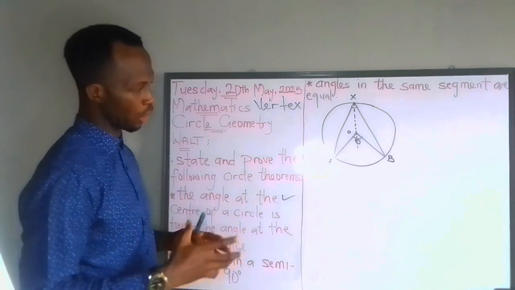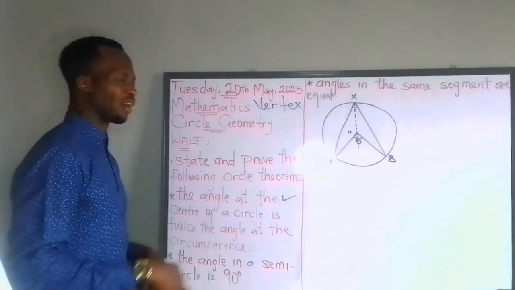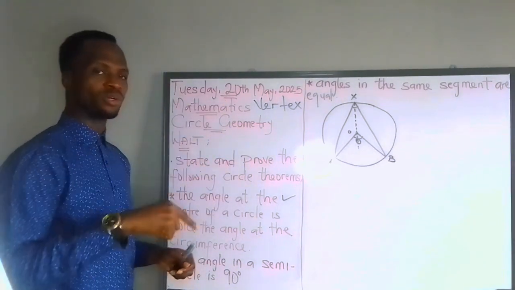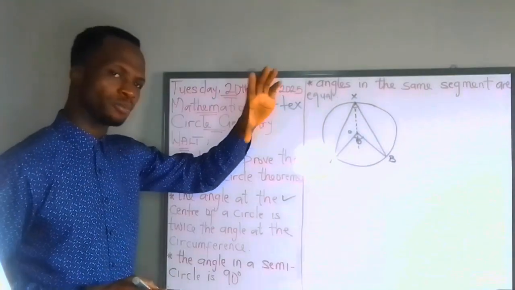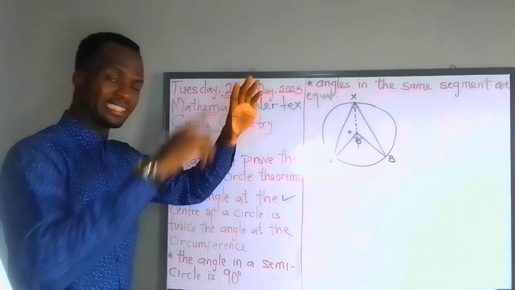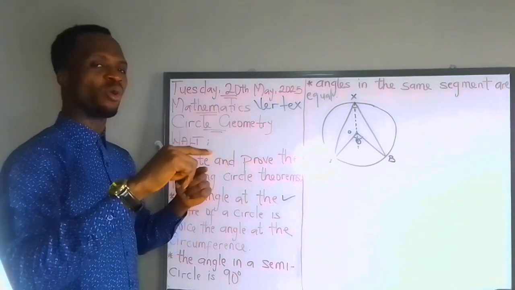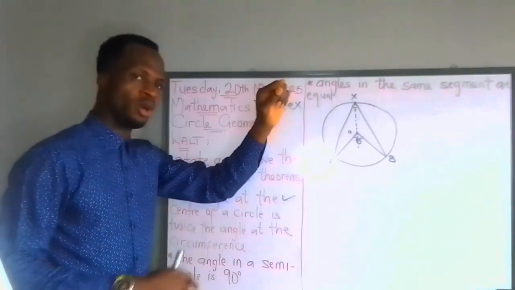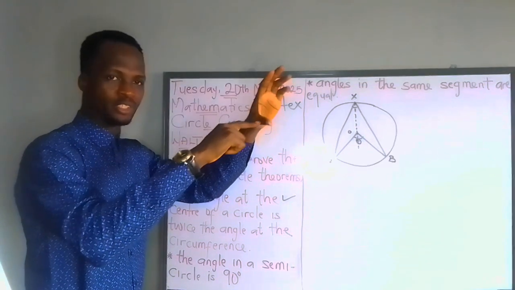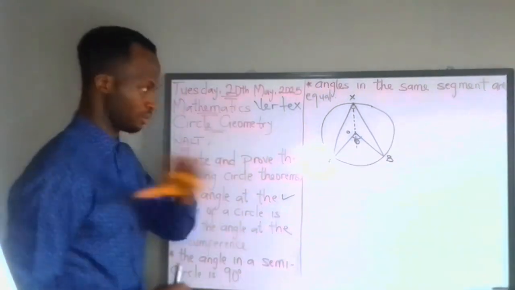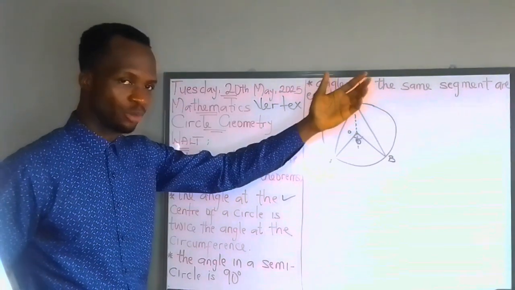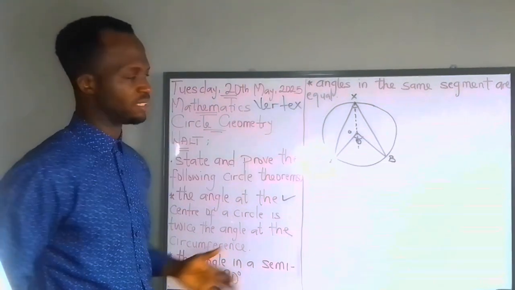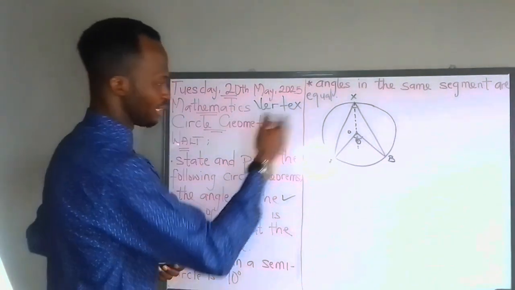The second one is that the exterior angle of a triangle is equal to the sum of the two opposite interior angles, that's the addition of the two interior angles opposite to the one outside. But that's just another lesson on its own, and we're going to release a video on that. Now look at this clearly.